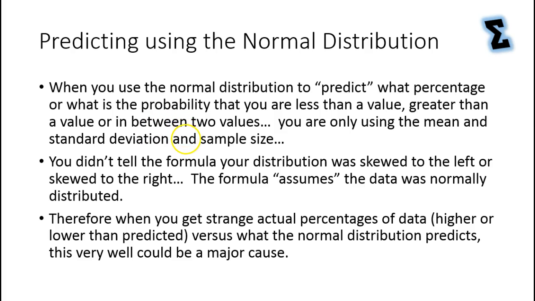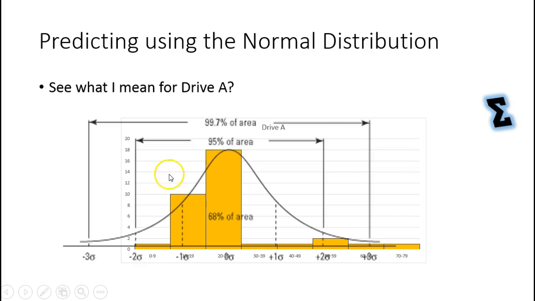You didn't even tell the formula your distribution was skewed to the left or skewed to the right. You can't. The formula assumes the data was normally distributed. Therefore, when you get strange actual percentages of data, a lot higher or a lot lower, versus what the normal distribution predicts, this very well could be a major cause.